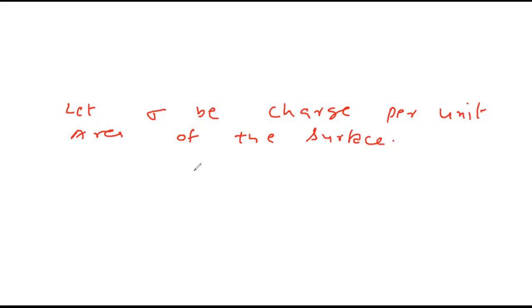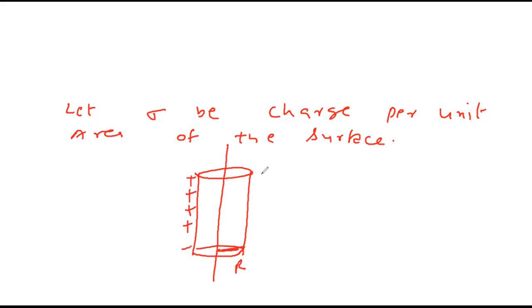So if this is a cylinder having radius R, it is charged with surface charge density sigma. By using Gauss's theorem, we have to find the intensity at any point inside, outside, and on the surface. So just draw this diagram.